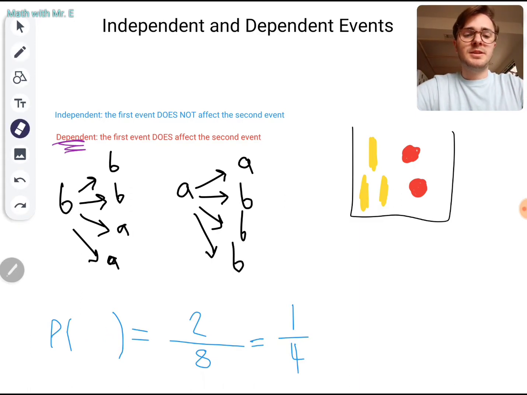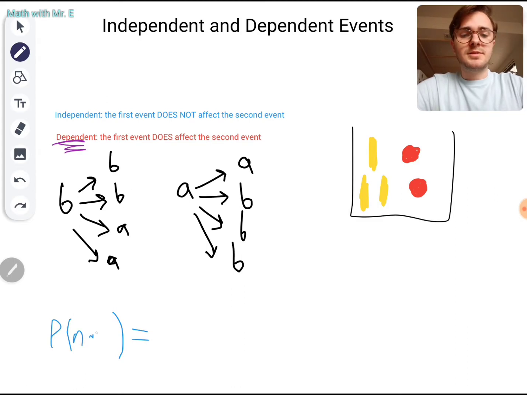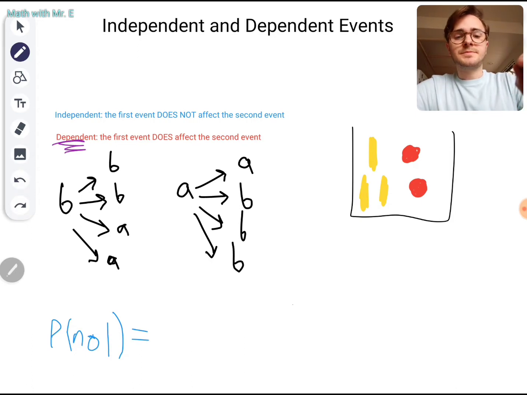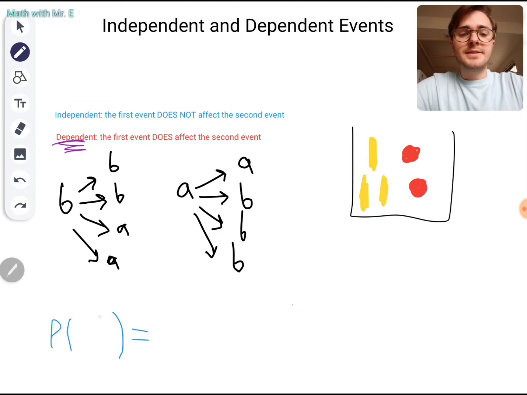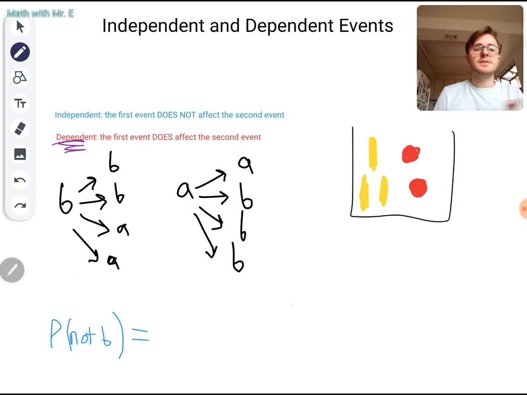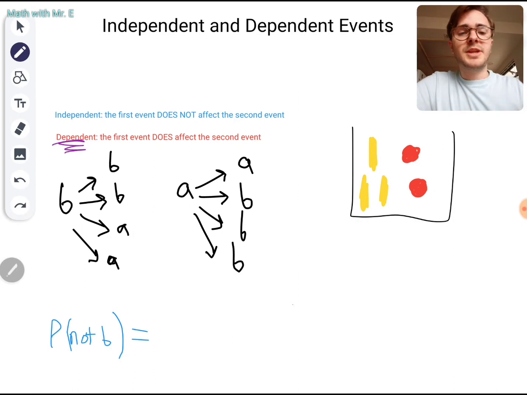So that one would be probability of not B. Okay, so we'll write not B. Well, if he draws a banana first, obviously that's going to be a banana, so we're just going to look at these.